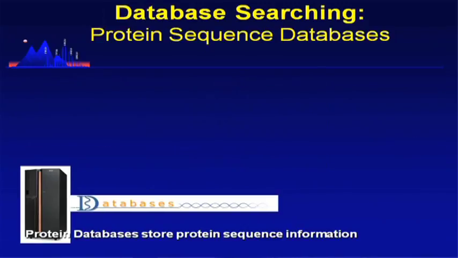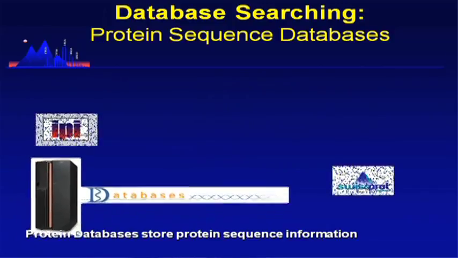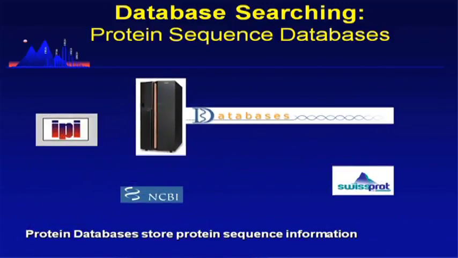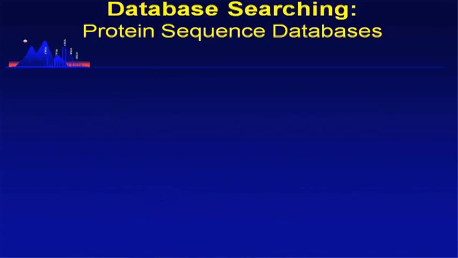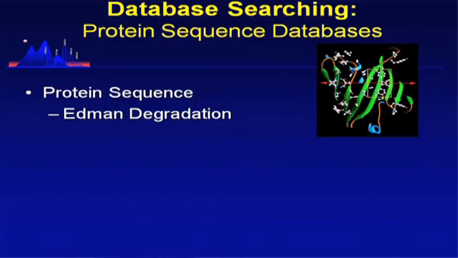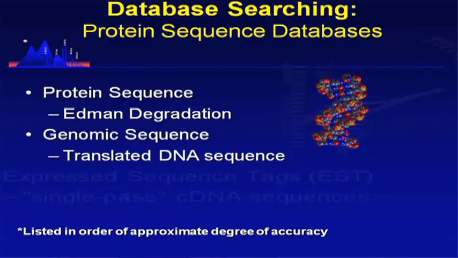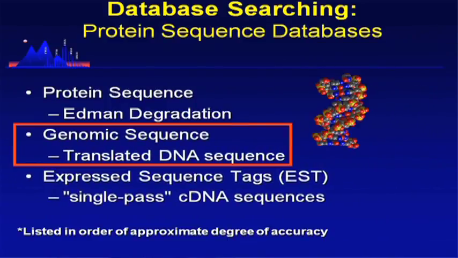So we'll first talk quickly about the protein sequence databases. Where does the information in these databases come from? Some of it does come from direct protein sequencing by Edman degradation. But if any of you have ever actually done this, it's quite a tedious process, not really high throughput by any means. So by far, most of the information in there comes from translated genomic sequences or translated DNA sequence.